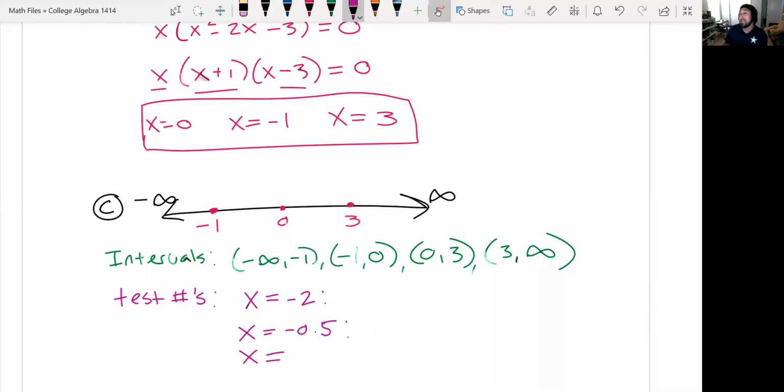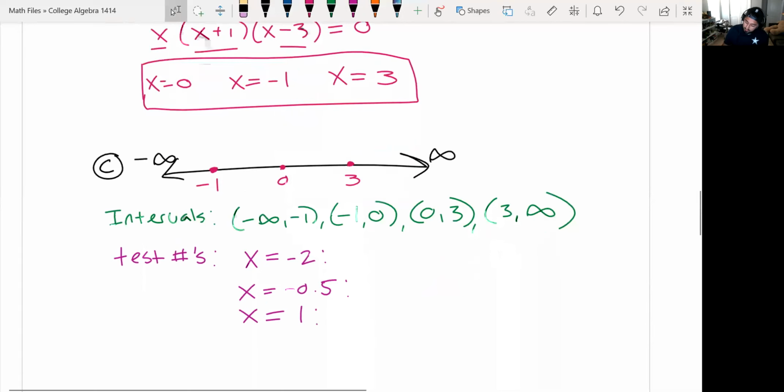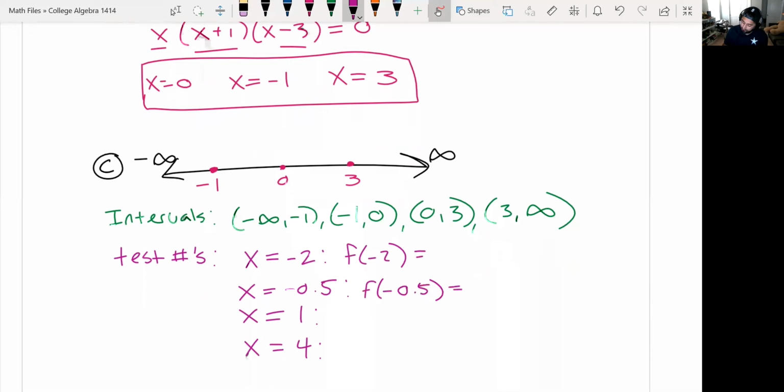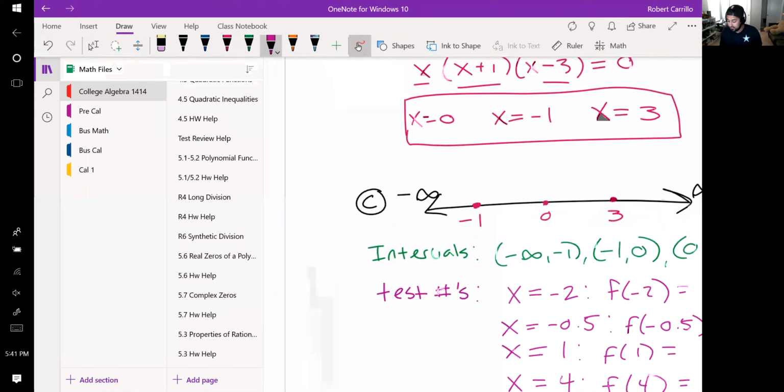From 0 to 3, I'm going to pick 1. And from 3 to infinity, let's pick 4. So you'll have f of -2, f of -0.5, f of 1, f of 4.